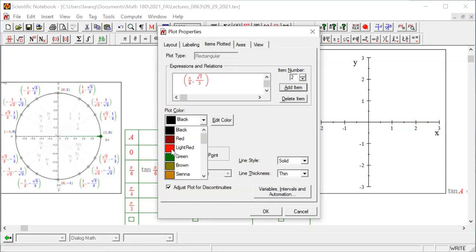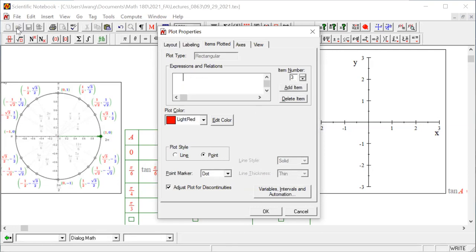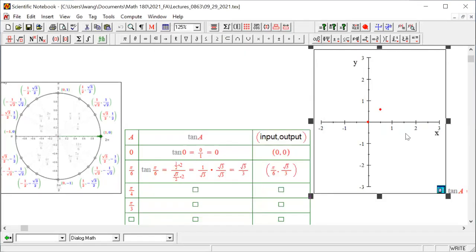We're going to make it a red dot, and another one at 0, 0. 2 red dots. So the horizontal is the arc length, as we talked about in sine, cosine. That's the input. The output is the tangent ratio instead of sine ratio or cosine ratio.